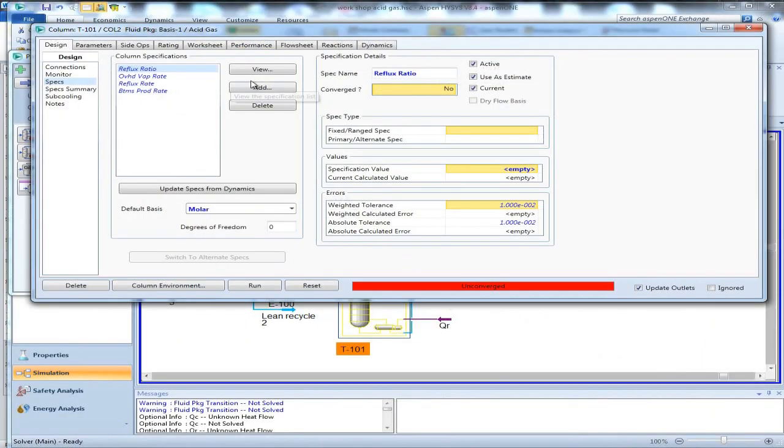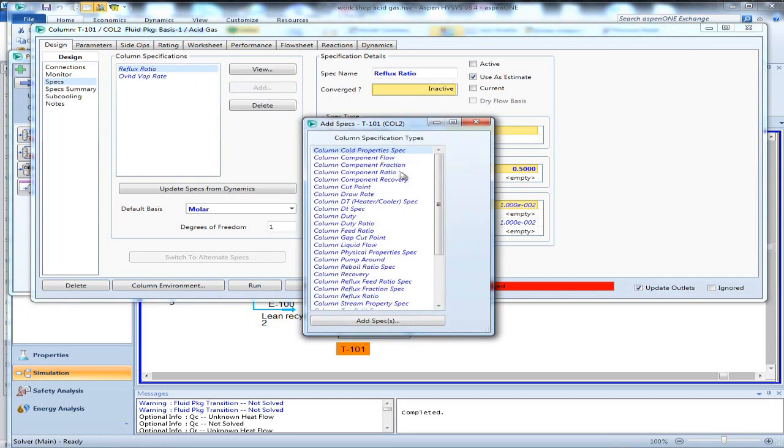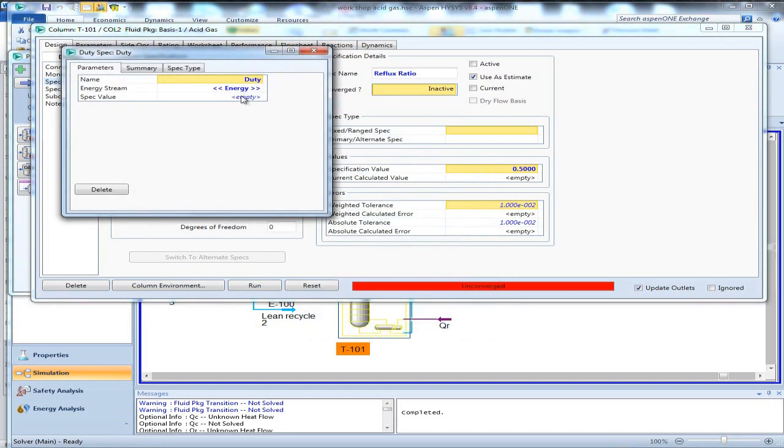Do we have that? Yes, we do have this, and the reflux ratio is equal to 0.5. We don't activate that. And then the duty, there is no duty here. Let me delete that. So I add the duty, column duty. Okay, and of course the duty will take place in the reboiler.